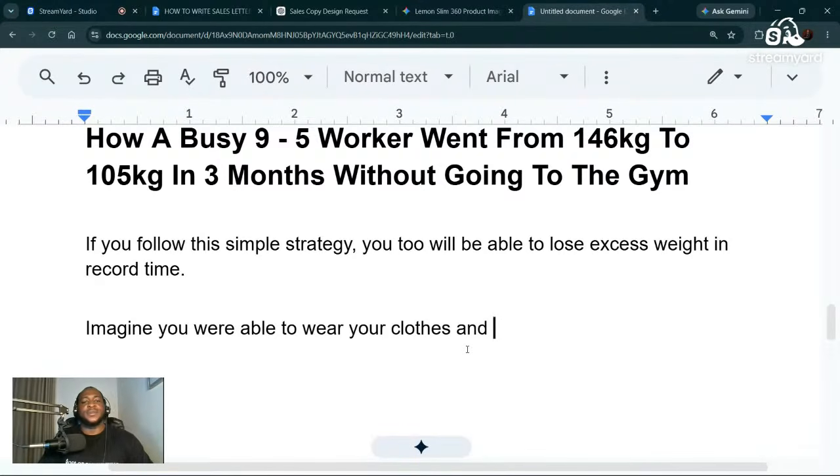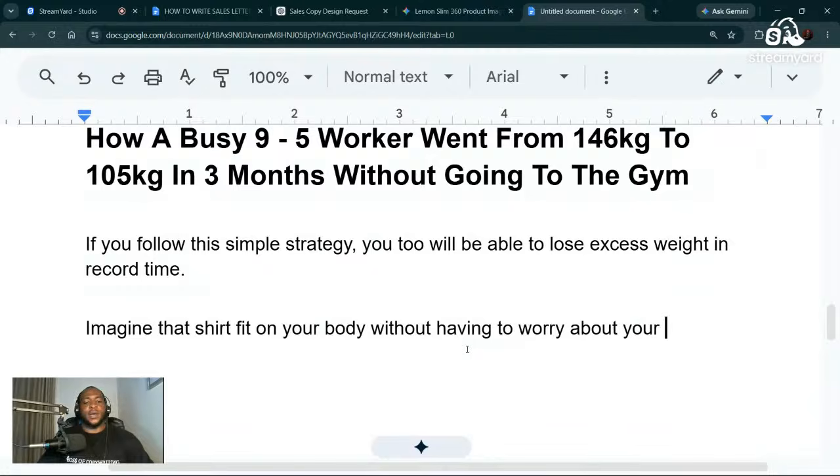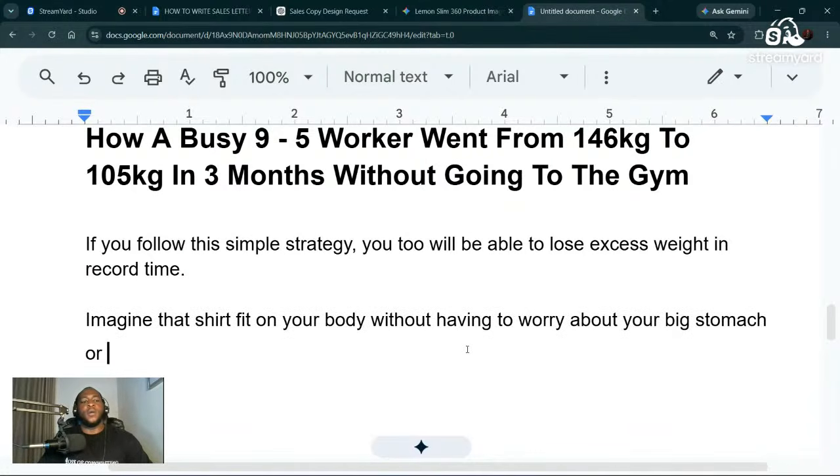and imagine that shirt fits on your body without having to worry about your big stomach or fat hands.